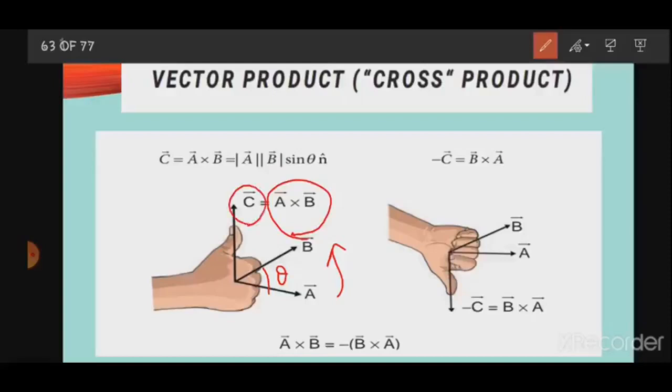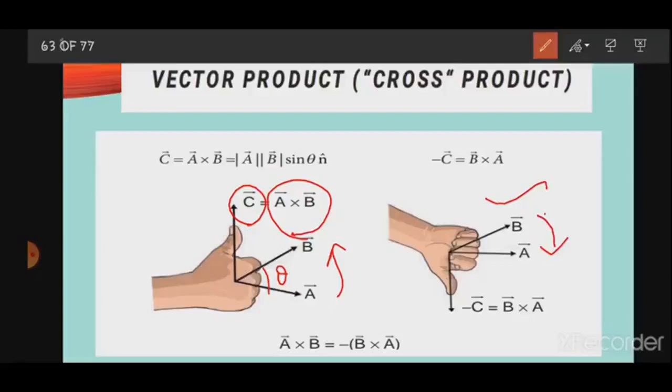Now listen to this diagram. This is the opposite vector. So with the right hand thumb rule, we get an opposite vector. Now here the vector is rotated from B vector to A vector.